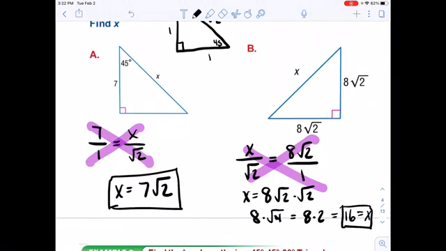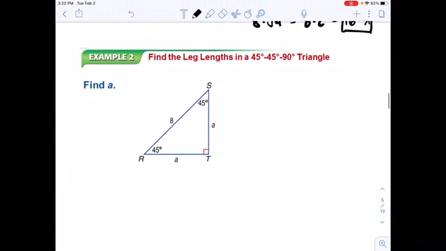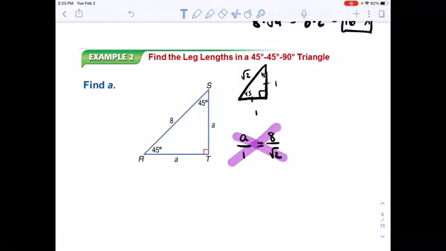All right, same process as the previous slide, just different solutions. Now, the next two slides, they get a little different because you're actually given the hypotenuse and need to solve for the leg length. So, you still have the same similar special right triangle that you can draw. Still set up that proportion. Still cross multiply.